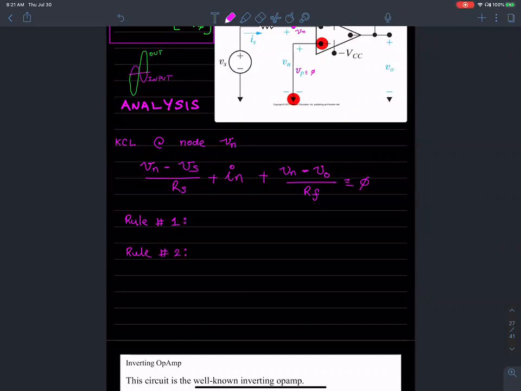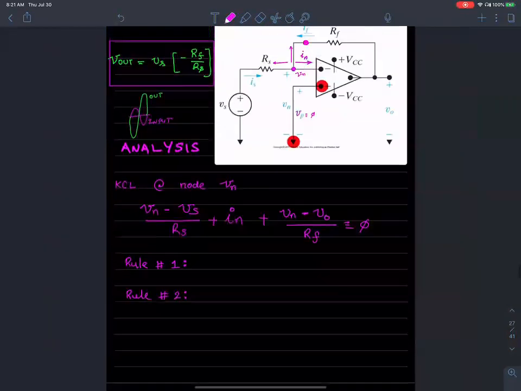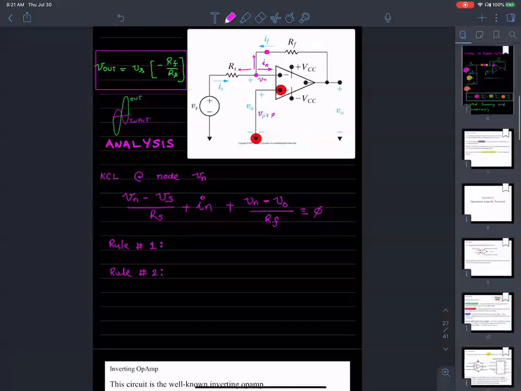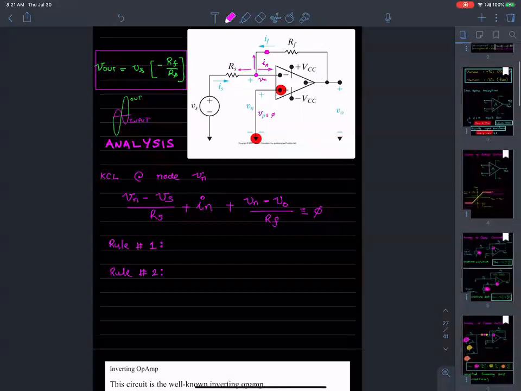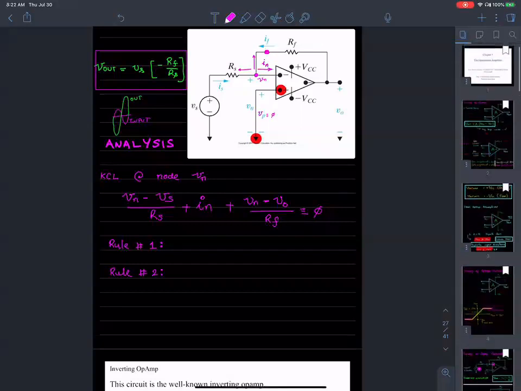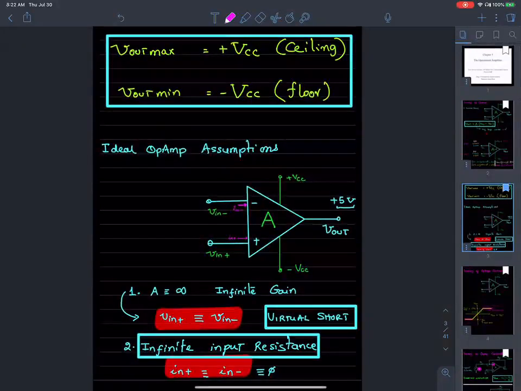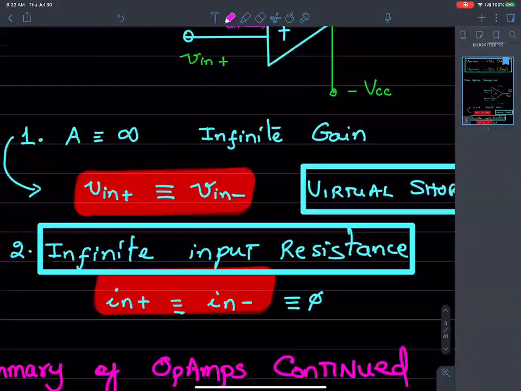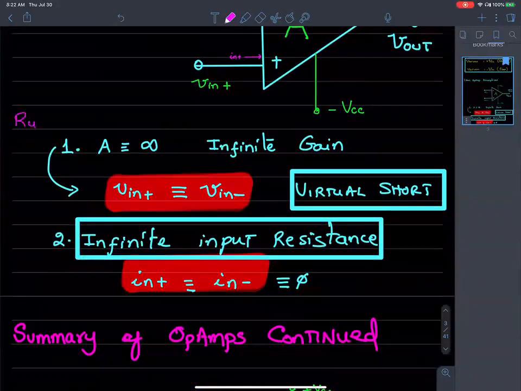What was rule number 1? If I go back carefully to the rules, I'm going to bookmark that so I can come back to this place. The first rule, rule number 1, is that the voltage on the positive terminal, V positive, is exactly the same as V negative.